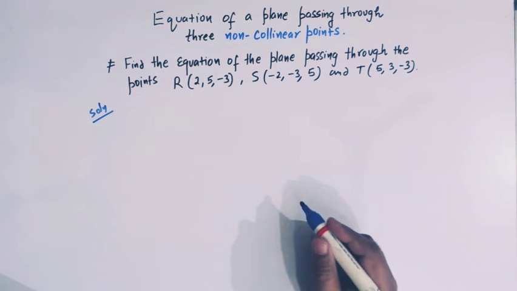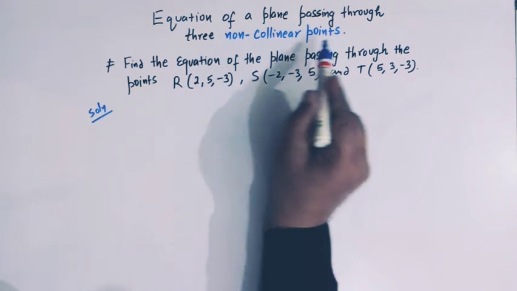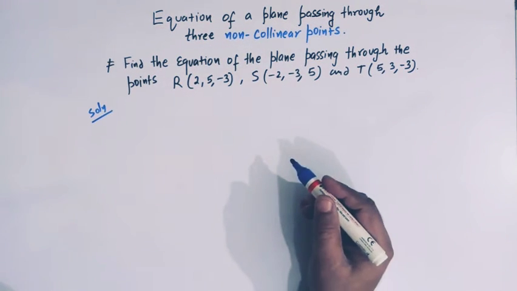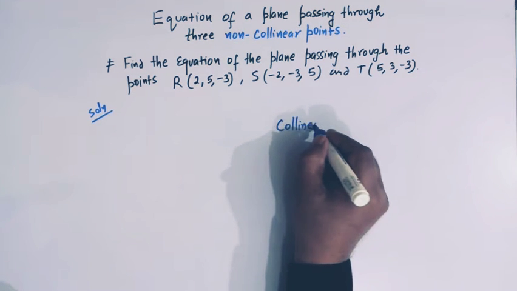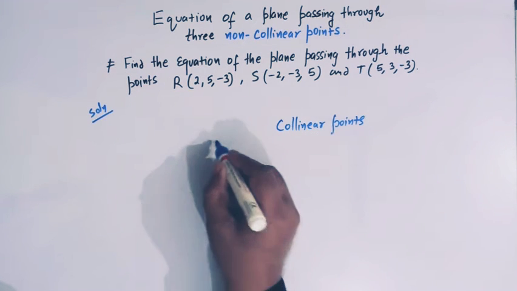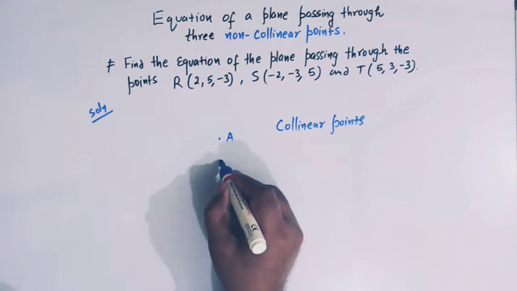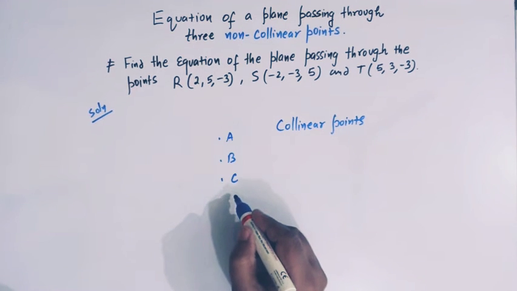Now let us see the importance of non-collinear points. Suppose we have three collinear points, say this is A, this is B, and this is C. Now these 3 points are collinear.